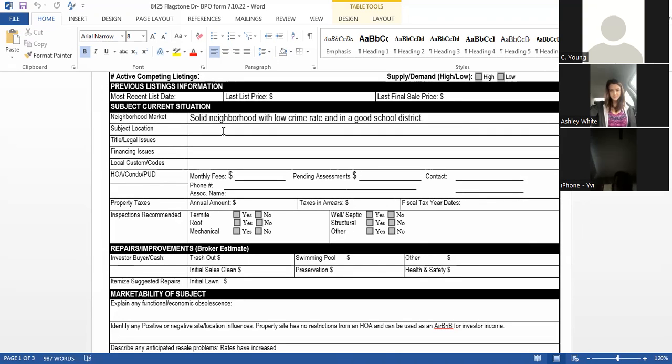In some cases, it might be downtown, and those homes were built in the 50s or 60s. If you know of any title or legal issues, you want to put it here. So if it's currently in foreclosure or lis pendens, you want to put that there. Any financing issues, again, if the home is wrecked and it needs to be repaired.